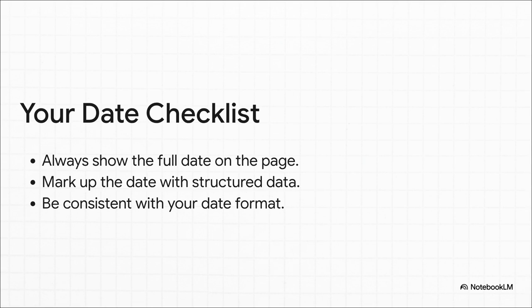So here's a quick checklist for you. First, always make sure the full date, day, month, and year is right there on the page for people to see. Second, use that structured data we've been talking about to mark it up so Google knows for sure that it's a date. And last but not least, be consistent. Use the same date format everywhere.